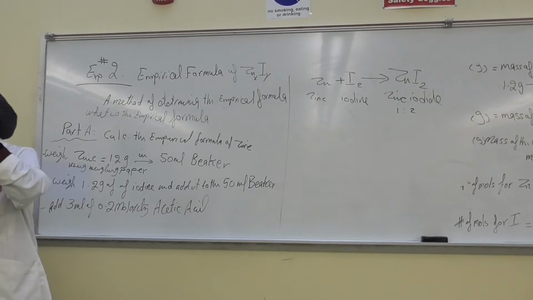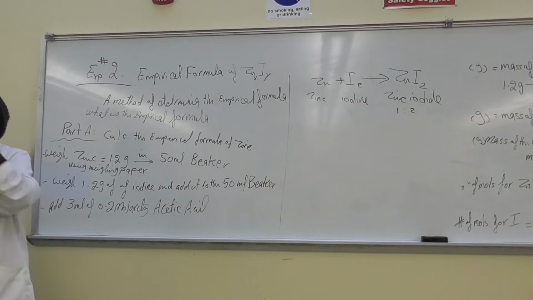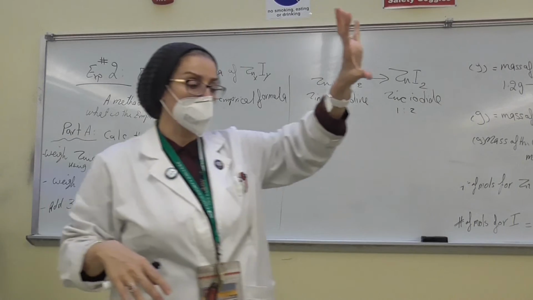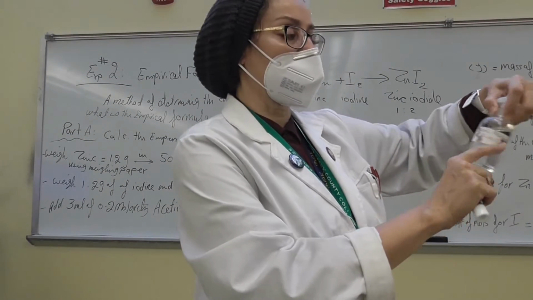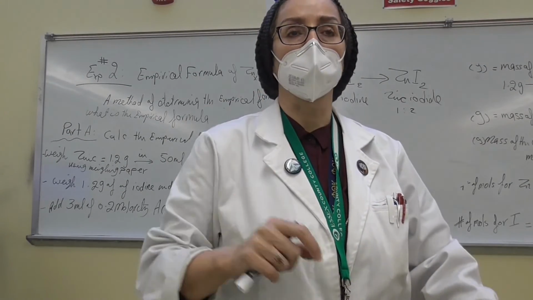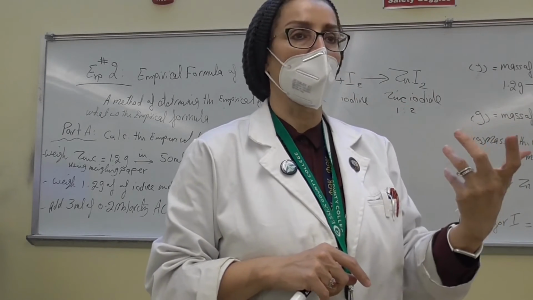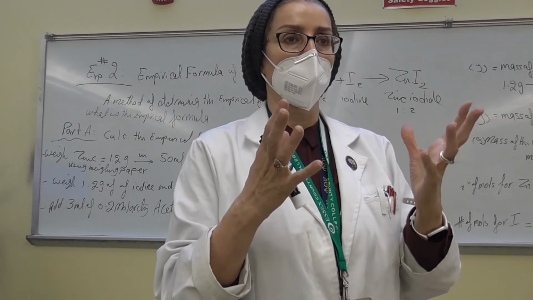Then with the cylinder, do you have a cylinder? I'm going to get you the cylinder because we used it. You need 3 milliliter of acetic acid. Every single table should have the solution. This one said acetic acid 0.2 molarity. 0.2 molarity is the concentration of that acid. That's how we made it.